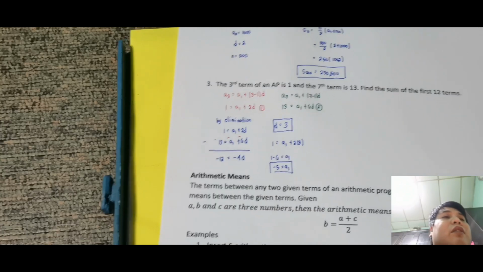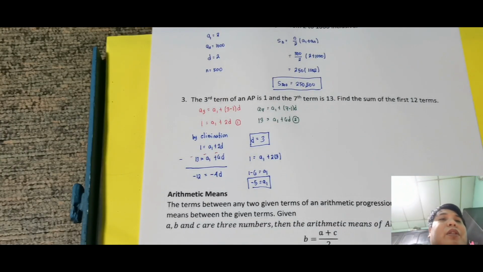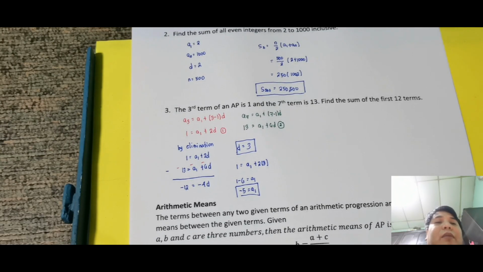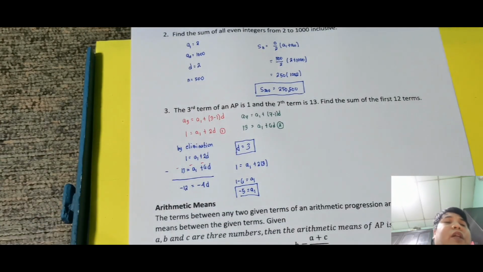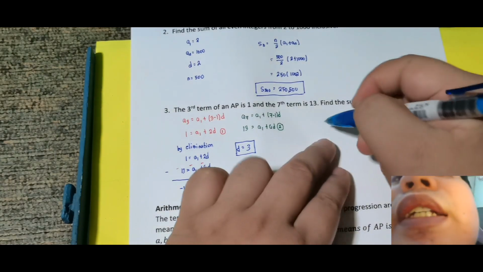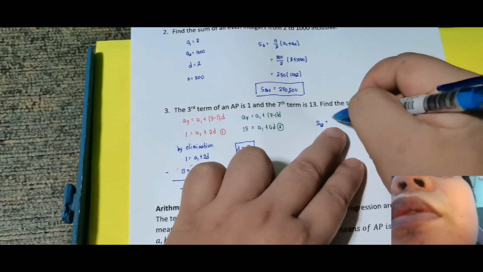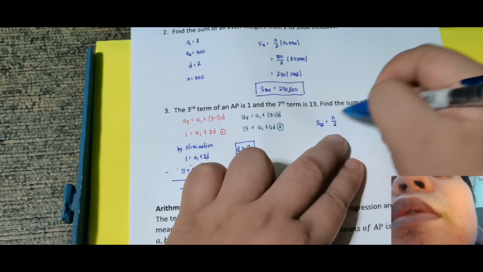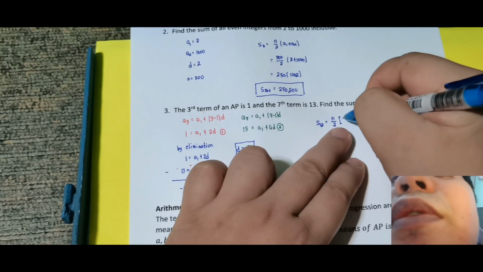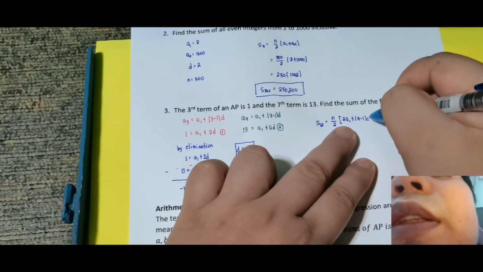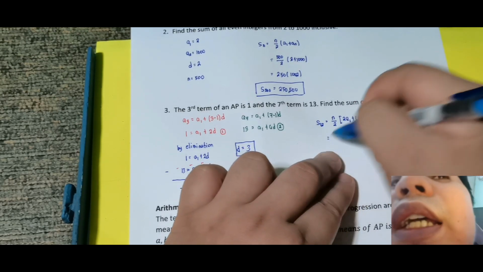Okay, so ngayon ang tanong, find the sum of the first 12 terms. So hindi 13. Okay, so since find the sum, meron tayong D, meron tayong A sub 1, pwede natin gamitin yung formula. So this is S sub 12 is equal to N over 2 multiplied by 2 times A sub 1 plus N minus 1 times D. Okay, so where N is 12.